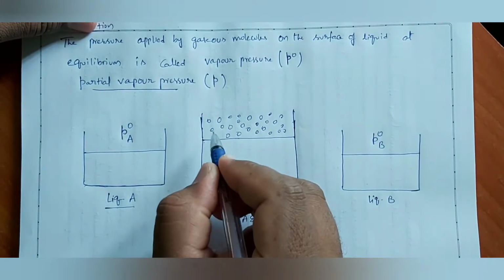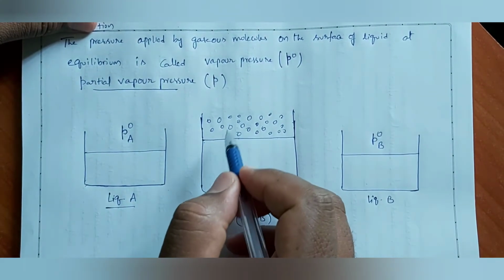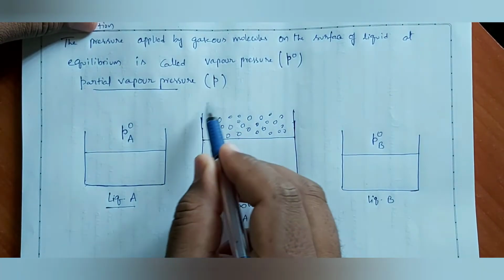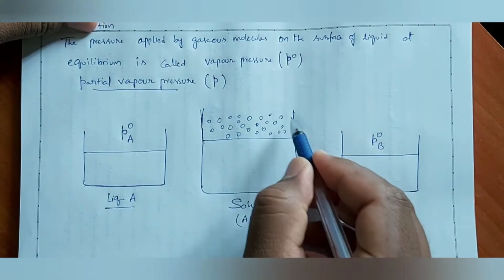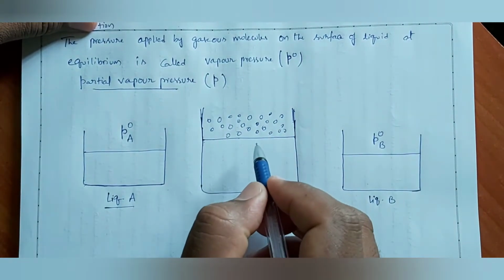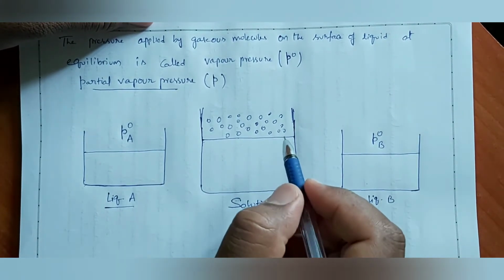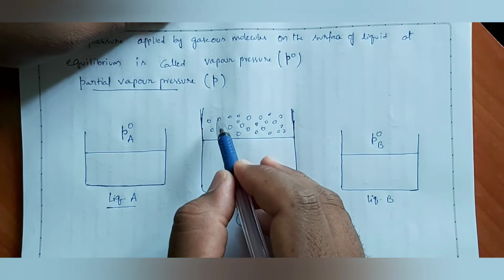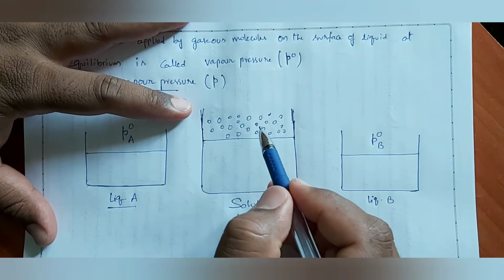Even in the solution, we cannot separate A components and B components, because the whole thing is uniformly distributed by A and B. Is it correct or not? So in this mixture, we have particles of A as well as particles of B.